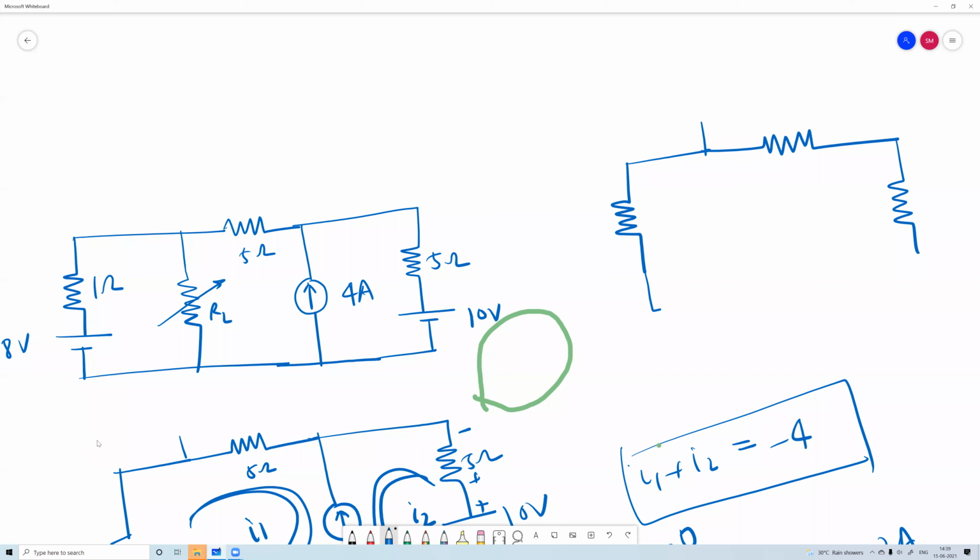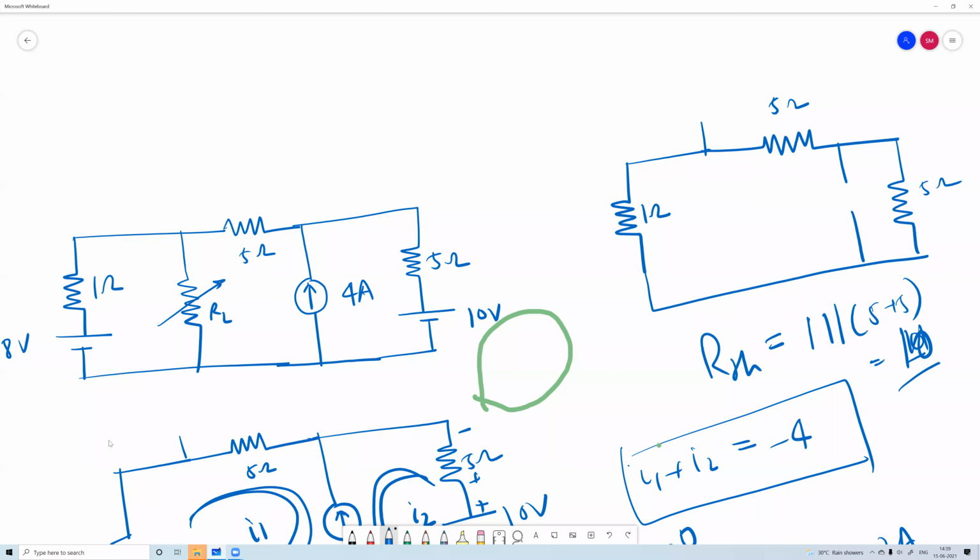What is RTH? 1 parallel 5 plus 5. 10 by 11, 0.90. Yes, very good, 0.91 actually.